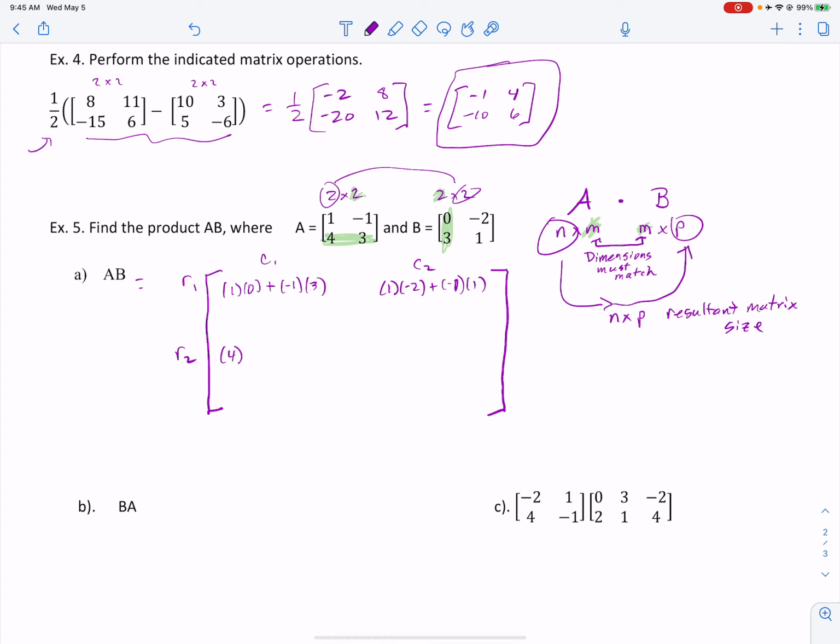So we take 4 times 0 plus 3 times 3, and that will be one entry in the resultant matrix. Then we change the column on the second matrix. Now we multiply that bottom row of the first times the second column of the second matrix. Multiply corresponding entries: 4 times a negative 2 plus 3 times 1.